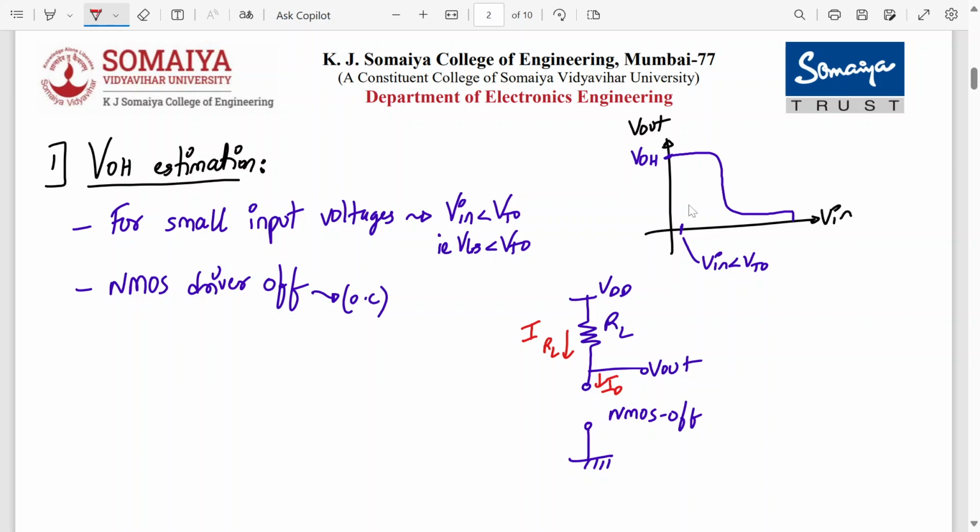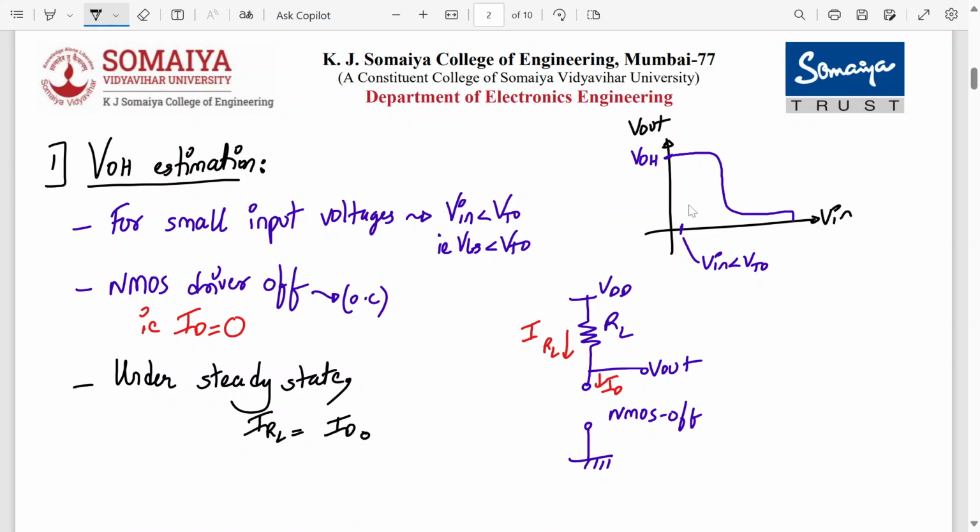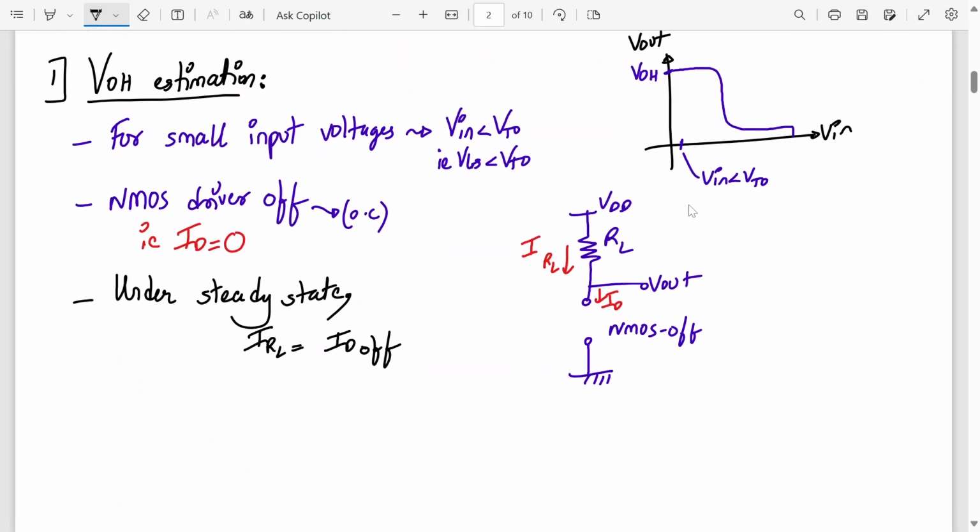No. Because NMOS driver is off, that is your ID is 0. Alright. Now, under steady state, there will also be no voltage drop across RL, because IRL is also equal to 0. So, under steady state conditions, can we say IRL should be equal to ID? In this case, it is ID off. So, what is IRL? Can you tell me from the diagram?